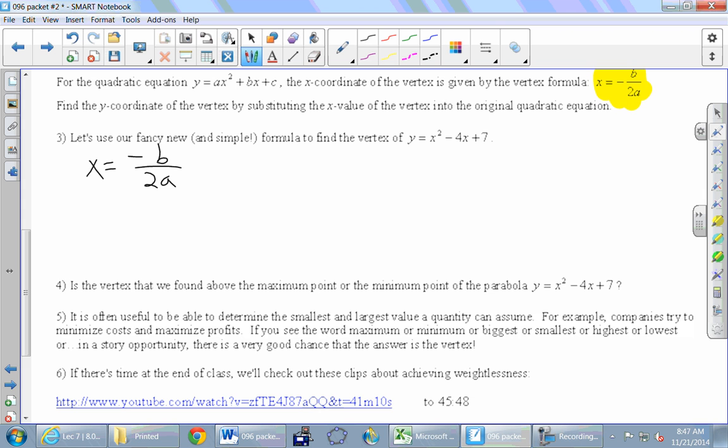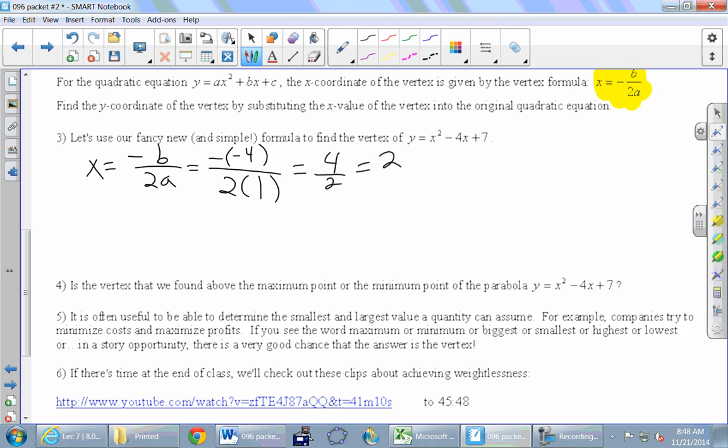Negative b over 2a. So we do negative what number? Negative 4, right? Because b is negative 4 in this one. Divided by 2 times a, 2 times 1. And so that negative 4 just becomes 4. Divided by 2 is 2. So the x-coordinate of the vertex is 2.